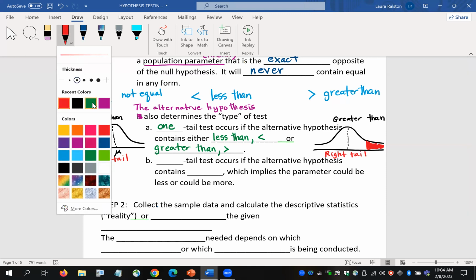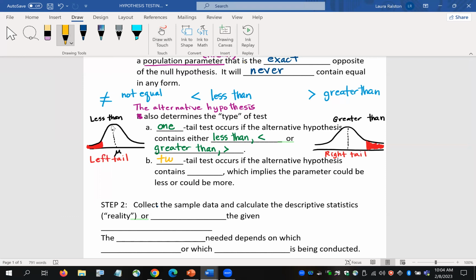The other option we could have is called a two-tail test. A two-tail test occurs if the alternative hypothesis contains not equal.